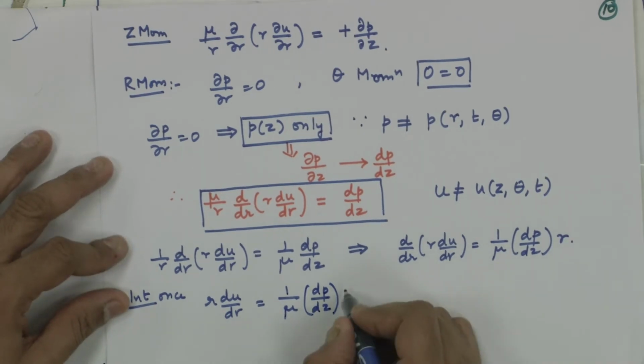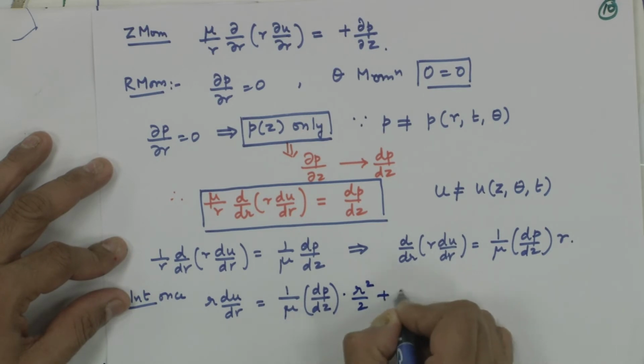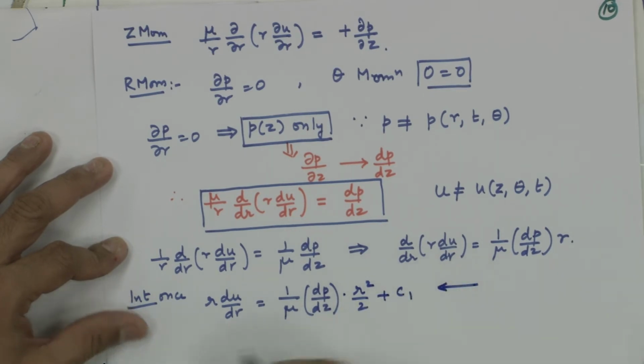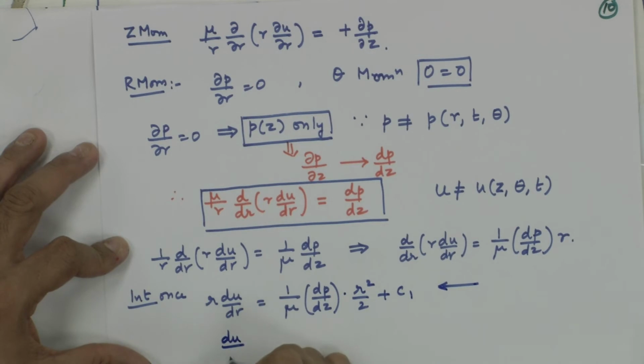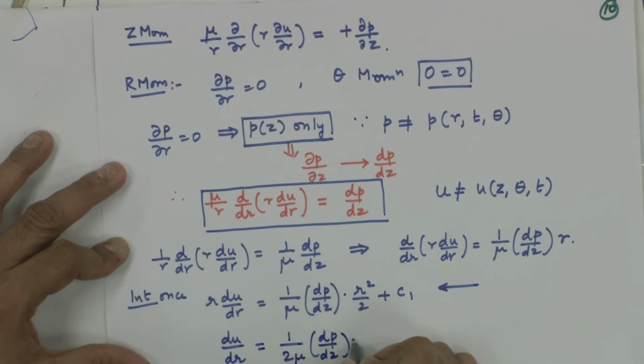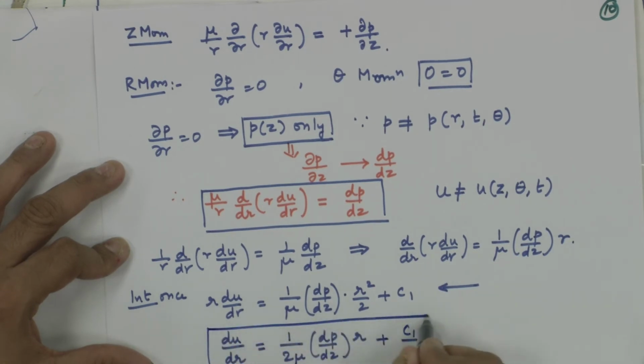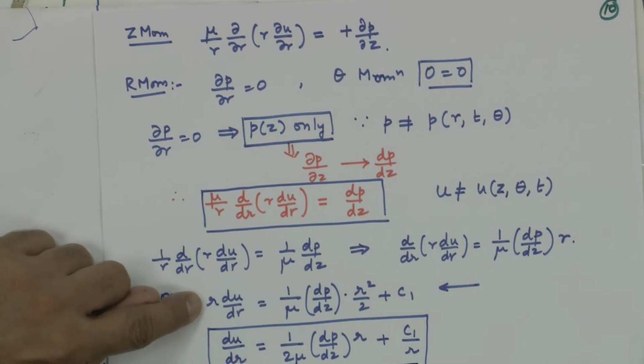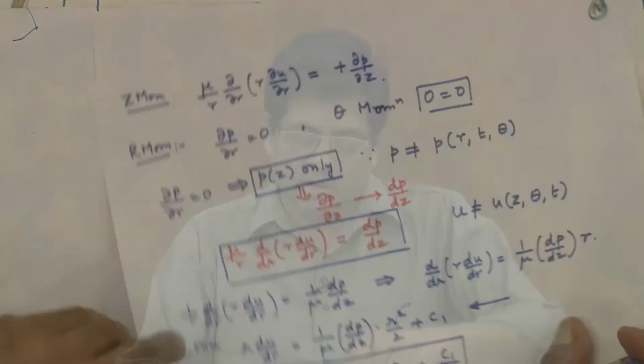So, this comes out and you are left with r square by 2 plus C 1, which can be written as du by dr is equal to 1 over 2 mu dp by dz r, divide through by r. So, this r comes out here and cancels with 1 r, and you are left with C 1 by r. This is your first derivative. Remember, we will end up using this form for using the boundary condition. We will see that in a minute.